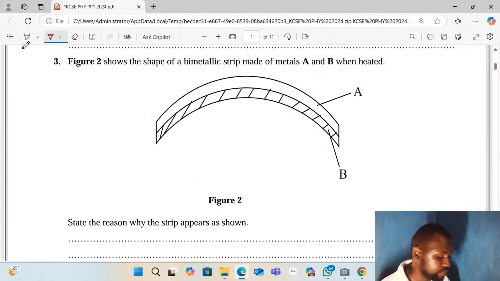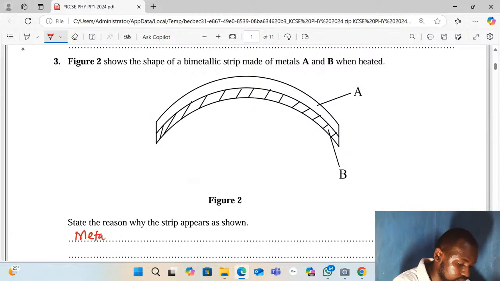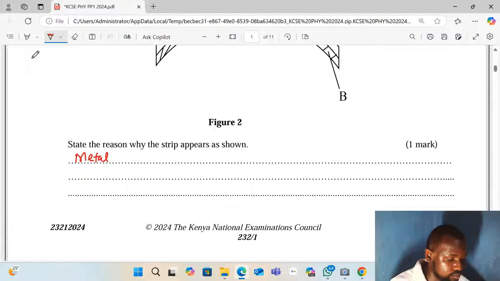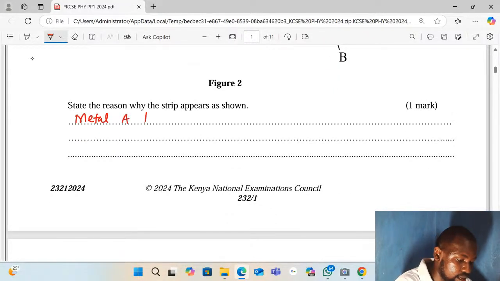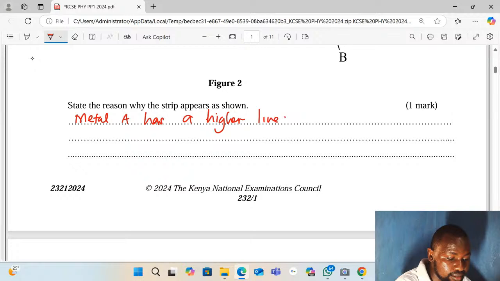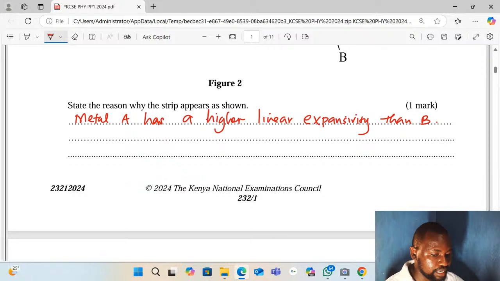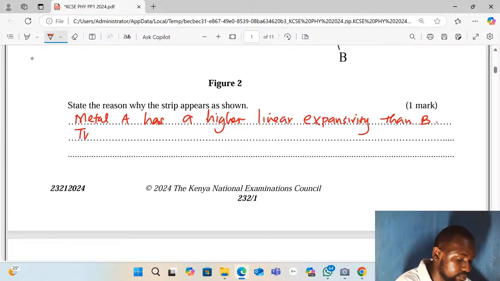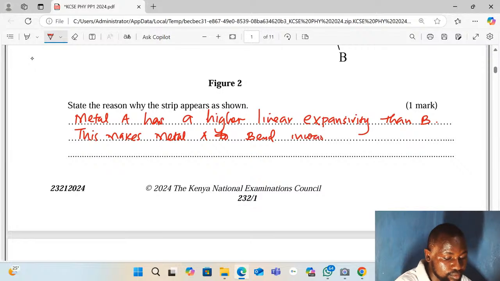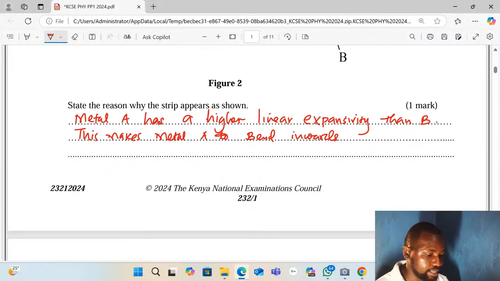Therefore, in this case, we'll say that metal A has a higher linear expansivity than B. Then now we need to explain the shape. This makes metal A bend inwards.